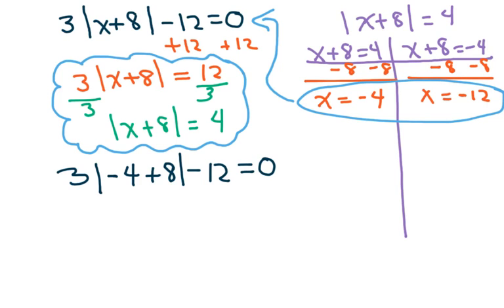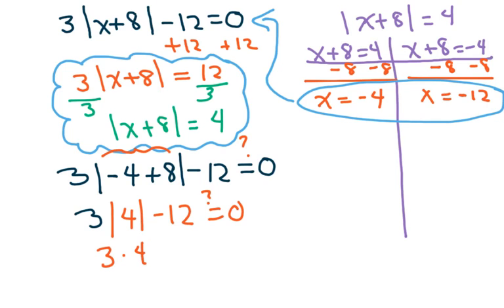And here what we're going to do is take care of this quantity, sometimes called the argument. I'm going to call it that. So we have 3 times absolute value of 4 minus 12. Does that equal 0? Well, absolute value of 4 is just 4. So does 3 times 4 minus 12 equal 0? And yes, because this equals 12. So 12 minus 12 is 0.